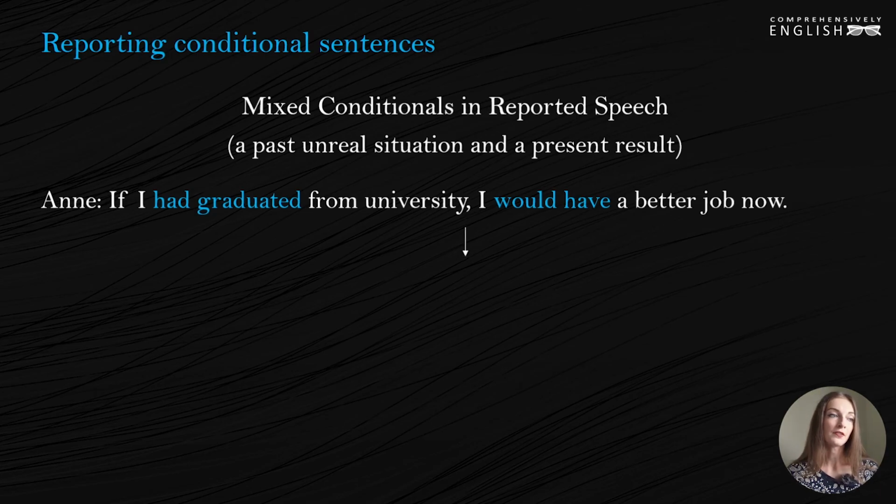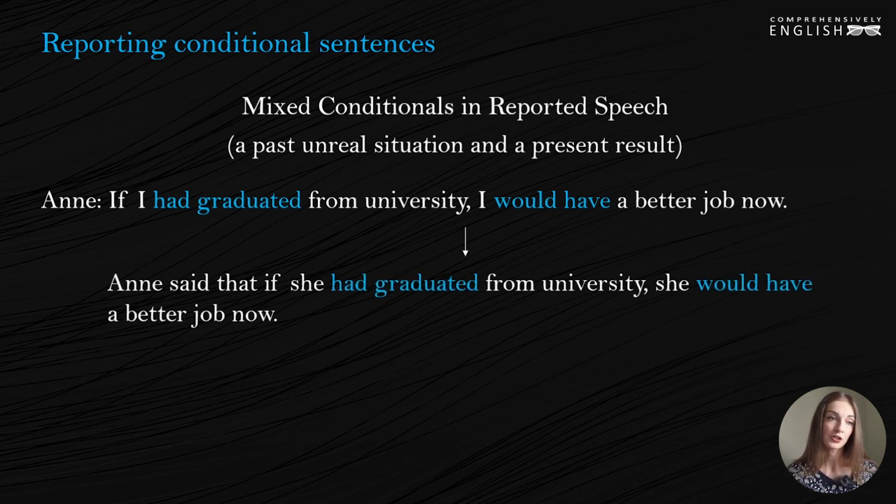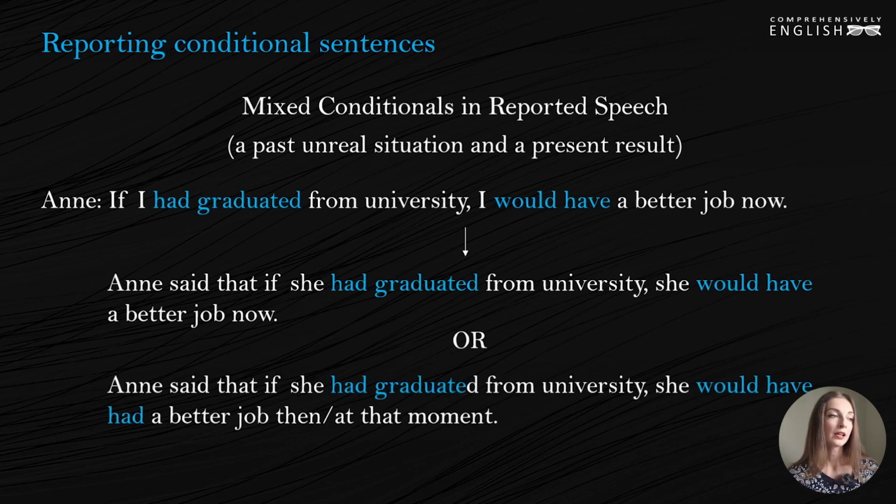Anne said that if she had graduated from university, she would have a better job now. Or Anne said that if she had graduated from university, she would have had a better job then or at that moment. We can leave this mixed conditional unchanged, or we can go one step back where we can.